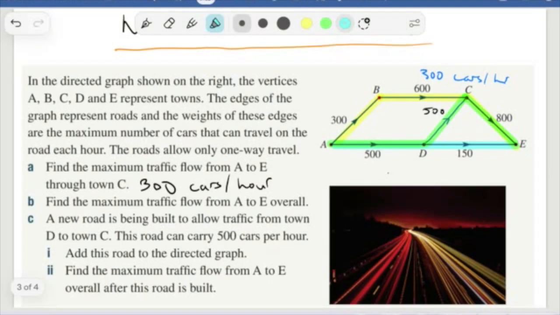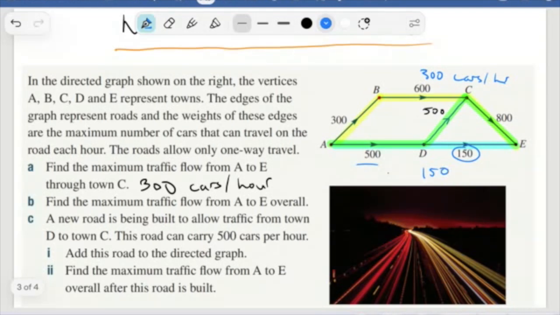Now, since we've added this road, from A to D, I still have a flow of 500 cars per hour. Now, of these 500 cars that are going right now, 150 can pass along this path from D to E. So, like we've done before, nothing really changes.